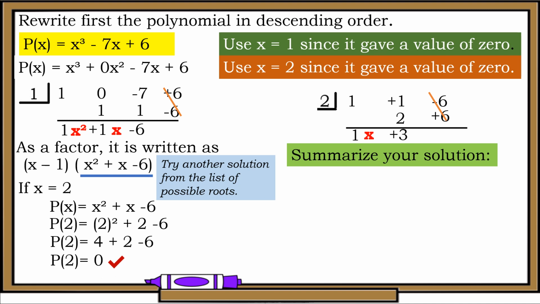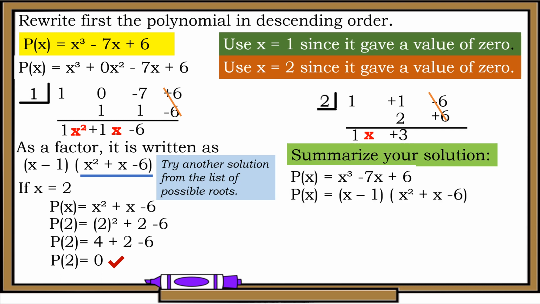Let us summarize your solution. So, originally, the given polynomial is x cubed minus 7x plus 6. Nung finactor natin, ang unang lumabas ay x minus 1 times x squared plus x minus 6. But we keep on factoring until any of the factors cannot be factored, and we found out that we can still factor x squared plus x minus 6.